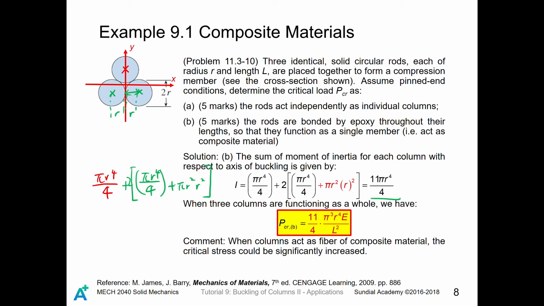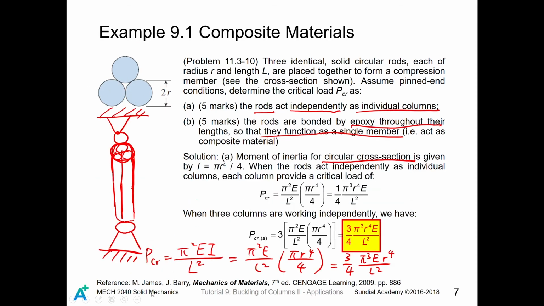And if they are functioning as a whole, then the critical load will be π²EI/L², which equals π²E/L² times 11πr⁴/4, which is 11/4 times π³ r⁴ E divided by L². As you can see, if we do some comparison, when they are functioning individually, the critical load is about 3/4 of π³ r⁴ E divided by L².